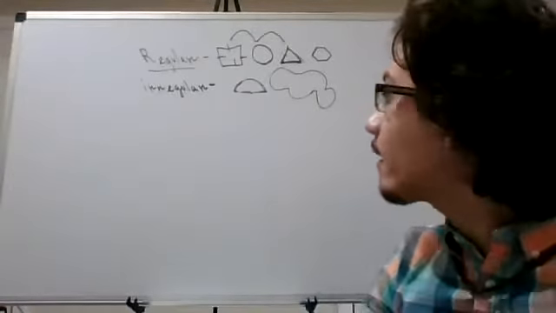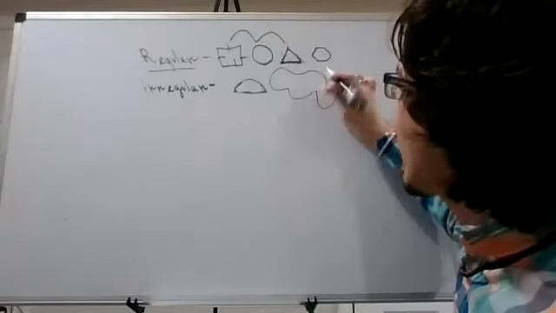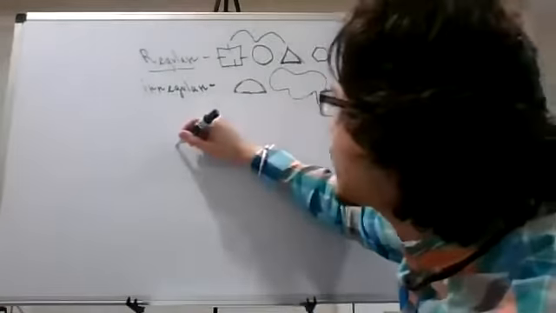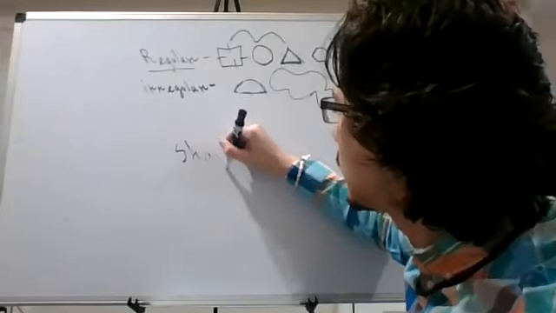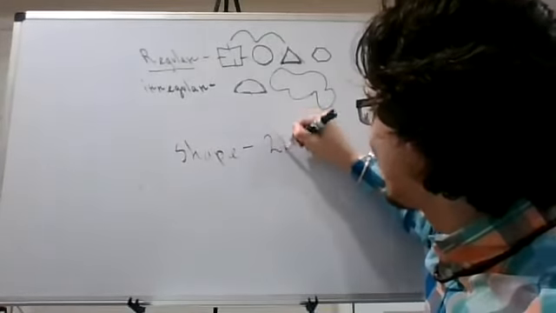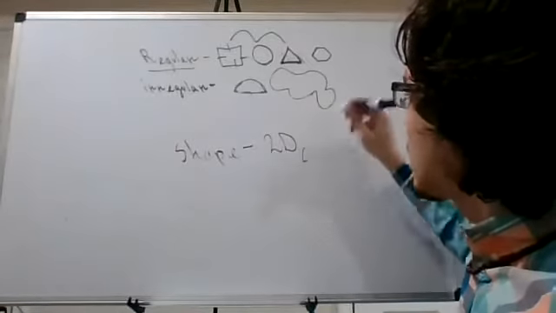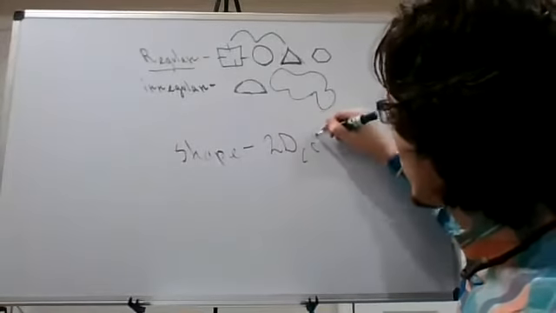In terms of math, a shape would be defined as a 2D object, and the shape would have to be closed.